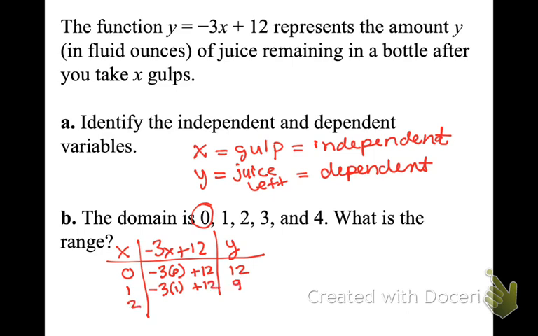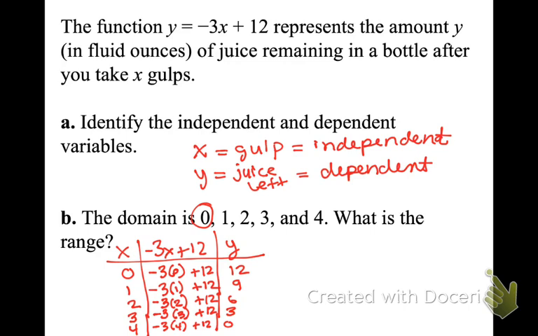When there's 2 gulps, there will be 6 ounces. When there's 3 gulps, there will be 3 ounces. And when there's 4 gulps, -3 times 4, there will be 0 ounces.